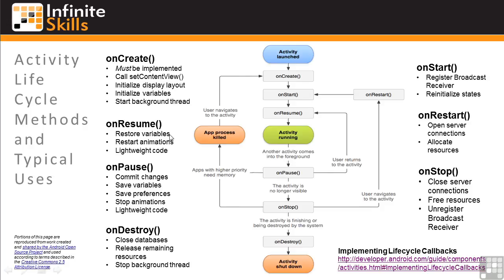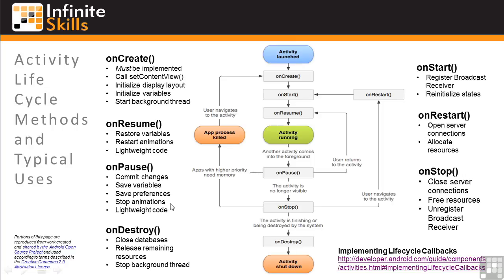This is because the onResume method could be executed frequently depending on how often the user navigates away from and back to the application. When the user navigates away from the app, the onPause method is invoked. In this method, typical actions are to commit changes, save variables and preferences, and stop animations. And the onPause method should also be lightweight code.